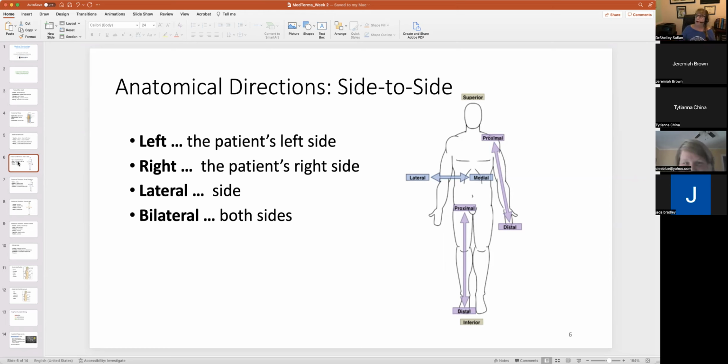And when you think about it, there are a lot of parts of the body that have two sides. Your eyes, maybe the physician is doing a bilateral cornea removal. That says both eyes were done at one time.